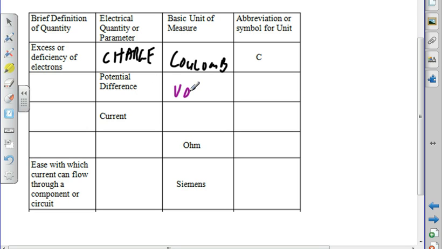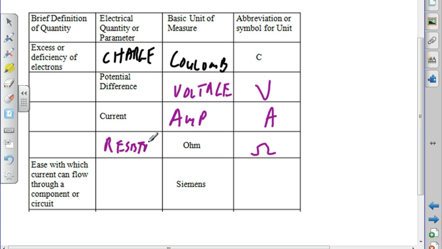Voltage, a V, amps, an A, an omega, resistance. It might just be an empty thing and you have to put everything in, right? Could be that too. Capital S for Siemens, conductance.